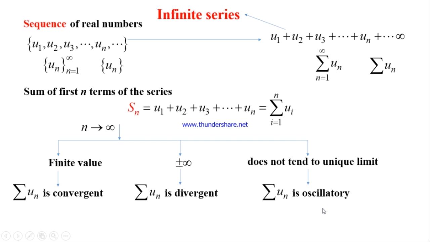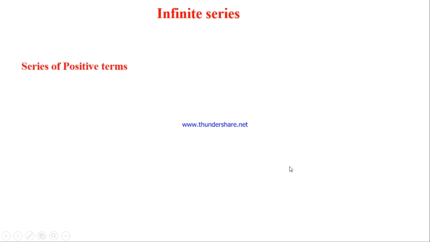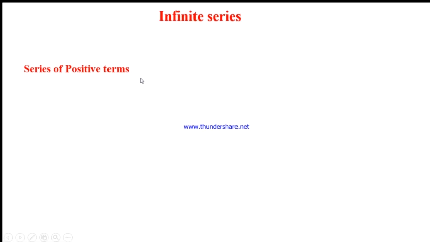Now, let me get into the syllabus, that is infinite series of positive terms. To define this, let me consider the following two examples. Observe them carefully. In the first one, we can note all the terms are positive. But if we consider the second infinite series, first three terms are negative and from fourth term onwards all are positive.